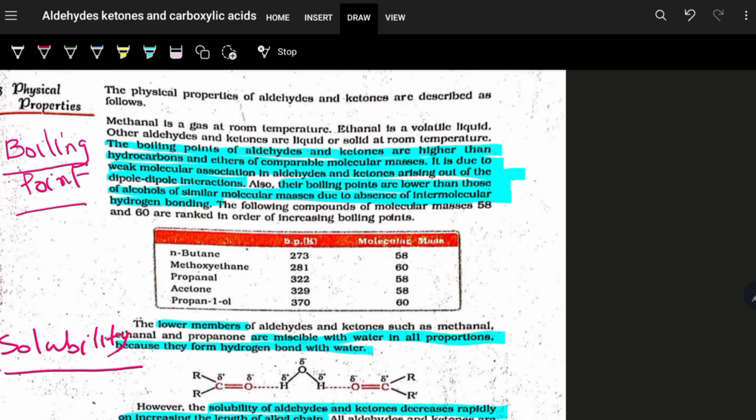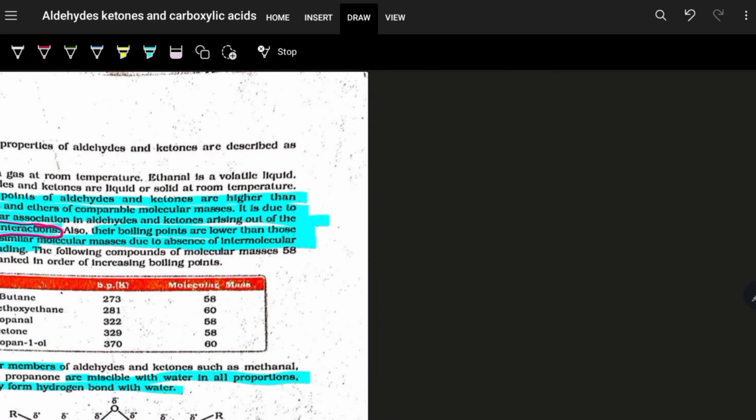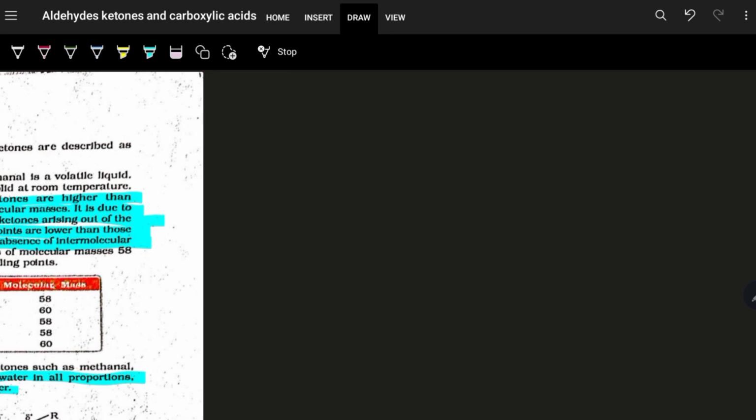And they are high on account of the interaction present between them, and the type of interaction is dipole-dipole interaction. From the data given here and from our previous video, we can say that the boiling point order goes like this.